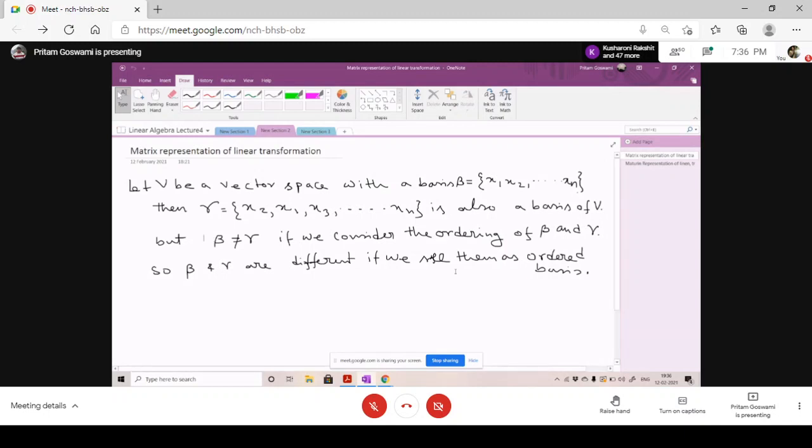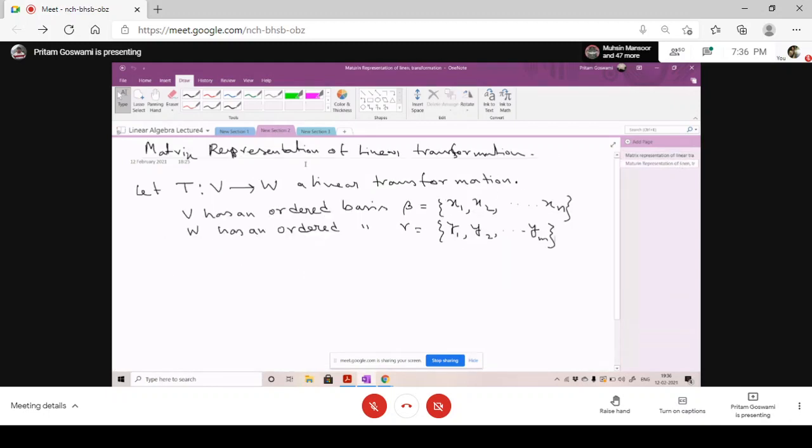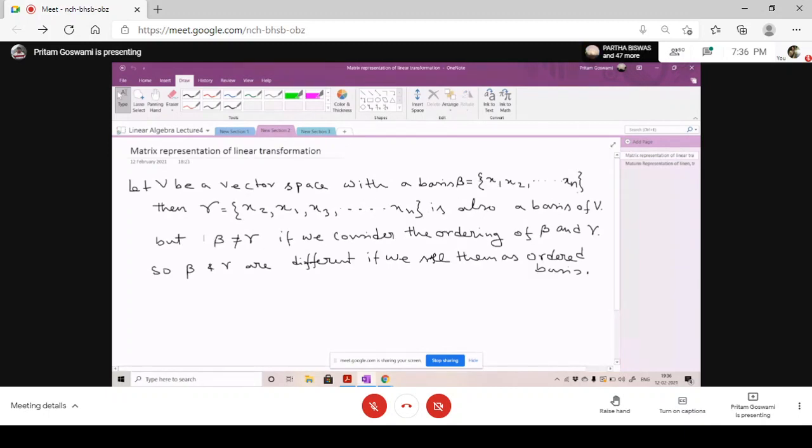Okay. Yes, sir. Okay. So suppose V has an ordered basis beta from x1 to xn. Could you please explain that once again, sir, the last thing? Okay. Suppose a vector space V has a basis beta, which is nothing but the set x1 to xn.